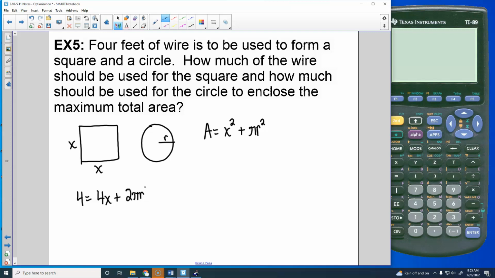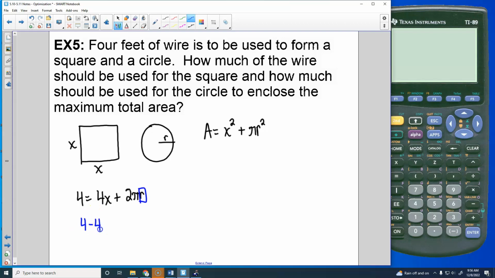So we need to solve this either for x or r, and then plug that into this equation. It really doesn't matter which one you solve for here, because neither one of them are squared. You can solve for either one fairly easily. Which one do you guys want to solve for? R. Okay, so if we solve for R, then we are subtracting that 4x.